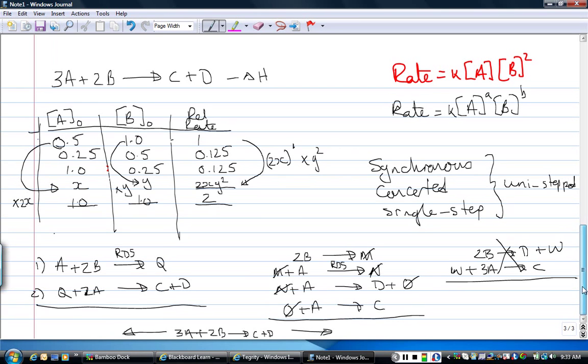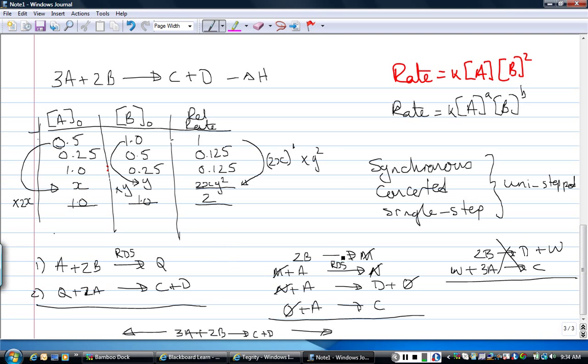And of course we have no other way of determining which of these two mechanisms is correct, even though we're never really looking for a correct mechanism per se, because both of these are consistent with both the kinetic data and the stoichiometric data. So both of these are reasonable.